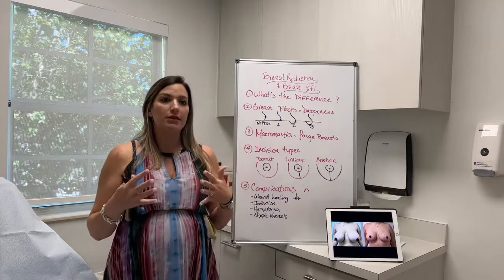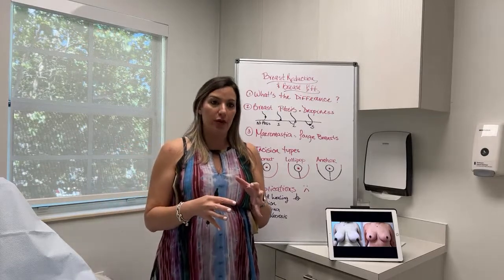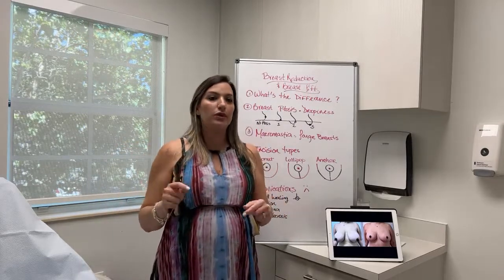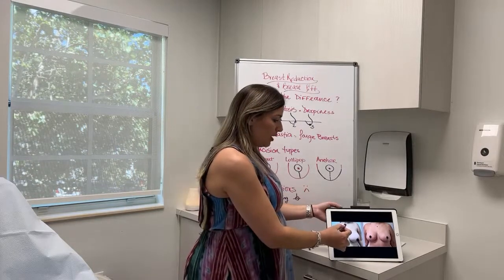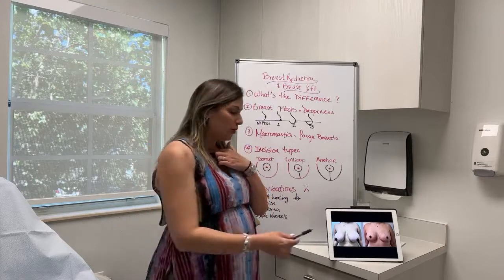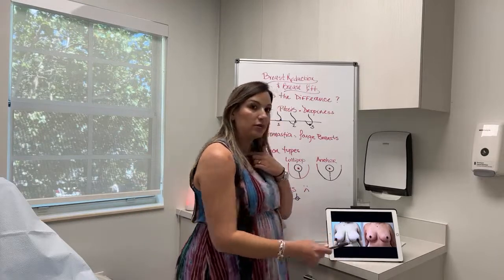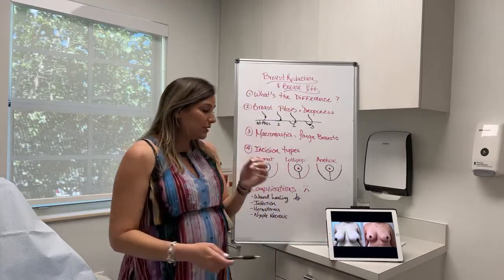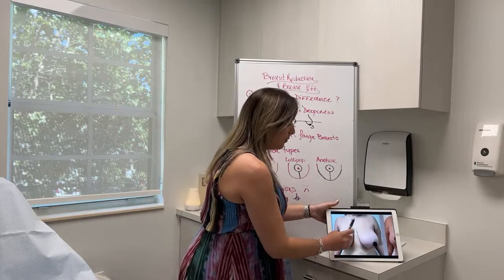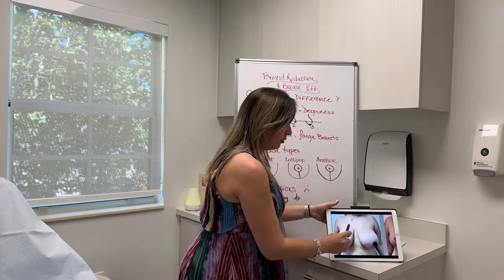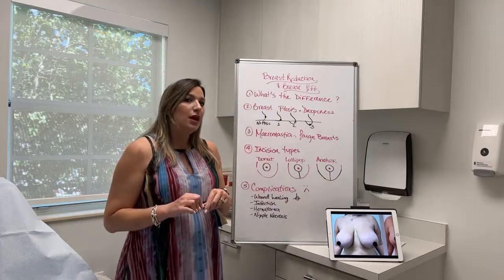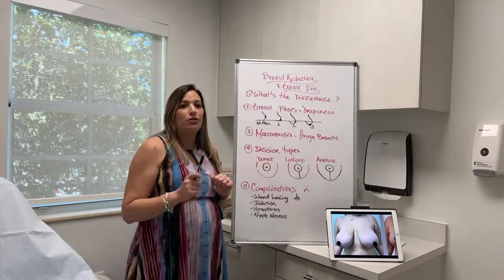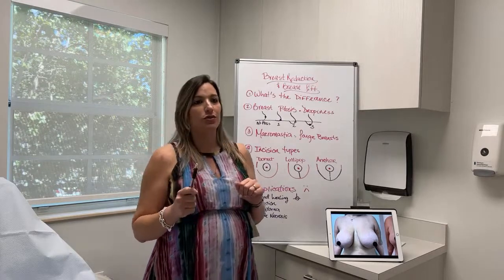So one of the measurements I take when I see you on pre-op, I take a lot of measurements of your breast, but one of the most important ones is the distance from here, from the center of your collarbone, to your breast, okay? If that distance is more than 30 centimeters, I'm gonna advise you not to combine a breast reduction with an implant.